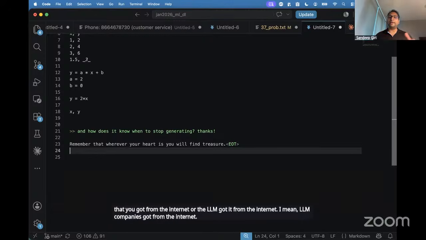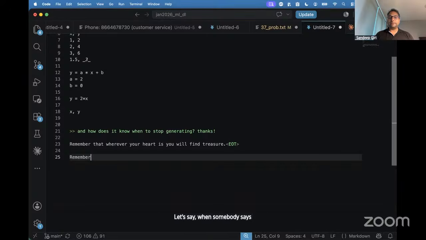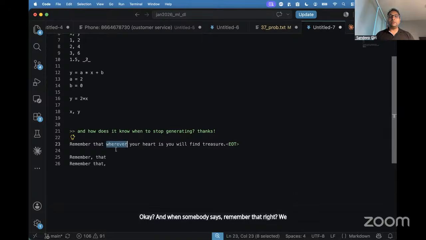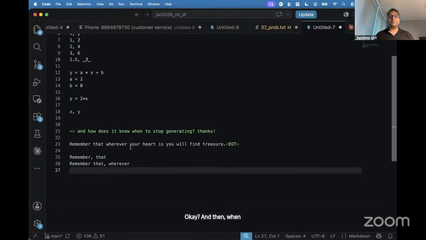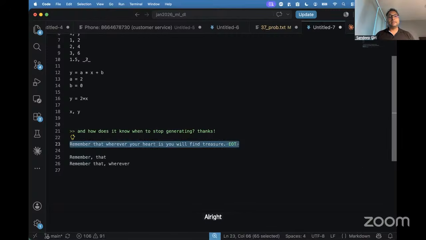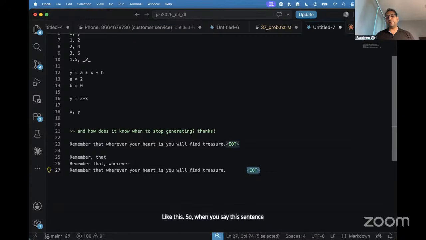Now they want to break it down into X and Y. First, when somebody says "remember," the output should be "that." When somebody says "remember that," we say "wherever." And so on, until, when you say the whole sentence, we should have end of the text.